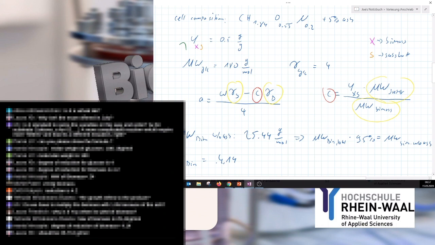So we divide. This is the point, how you transfer it, just divide it. So this means MW biomass with ash is equal to MW biomass without ash divided by 0.95, and then I get 26.78 grams per mole.